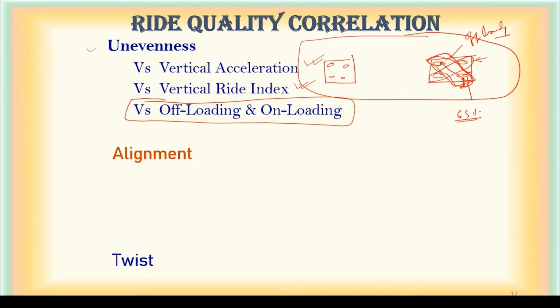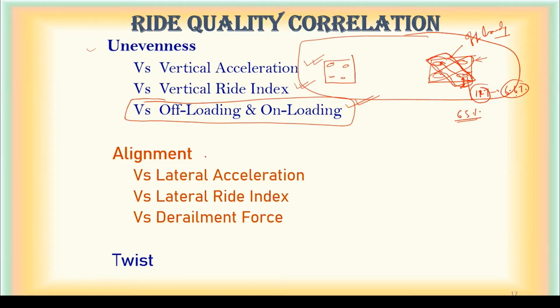If this wheel was carrying, say, 11 ton load, and out of this 11 ton, 6.6 ton is offloaded, then this may lead to a condition where derailment may happen without any lateral force. There is no lateral defect, still it can happen. So this is very important: unevenness may result in derailment also in case of severe offloading of the wheel.